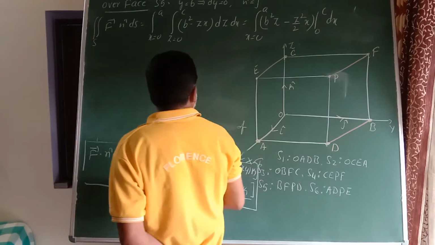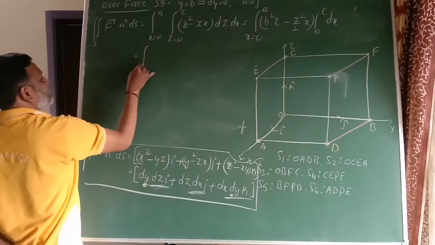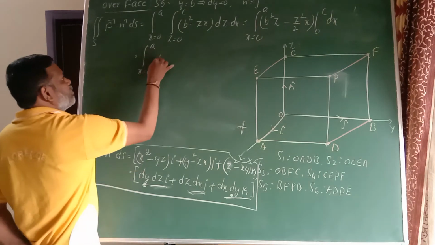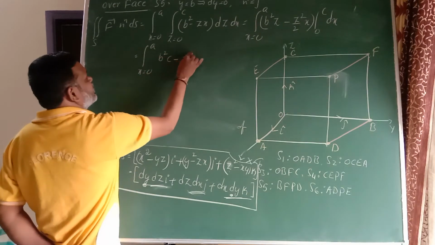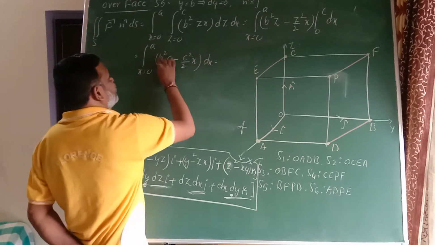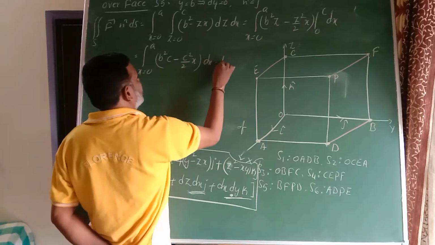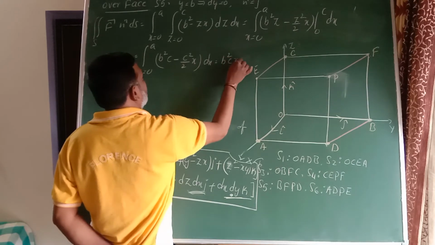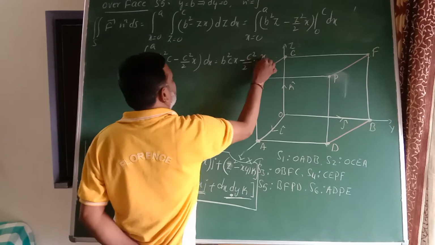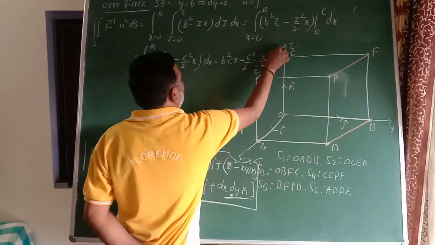Now just apply the limit first. x is equal to 0 to a. Apply the upper limit c. That becomes b square c minus c square by 2 into x into dx. Now integrate this one. b square c is a constant with respect to x, so b square cx minus c square by 2 into integration of x, what is that? x square by 2 from 0 to a.